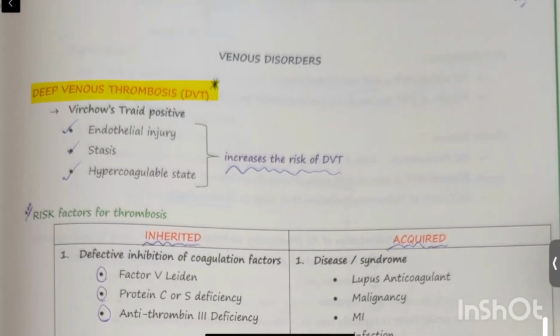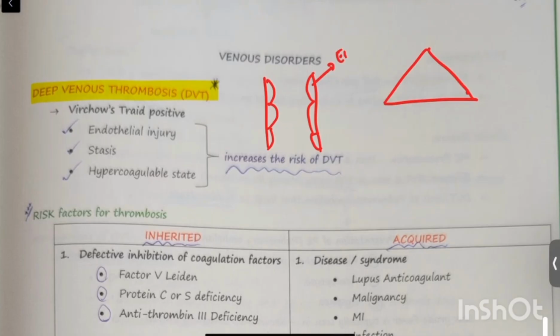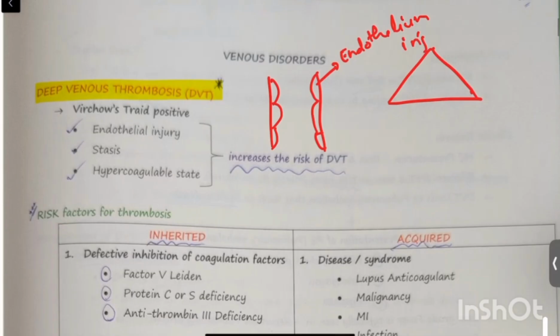For deep vein thrombosis, according to Virchow, three main factors are essential, that is Virchow's triad. First, a vein is lined by endothelium, which is nothing but flat squamous epithelium. So there should be an endothelial injury, damage to this endothelium.